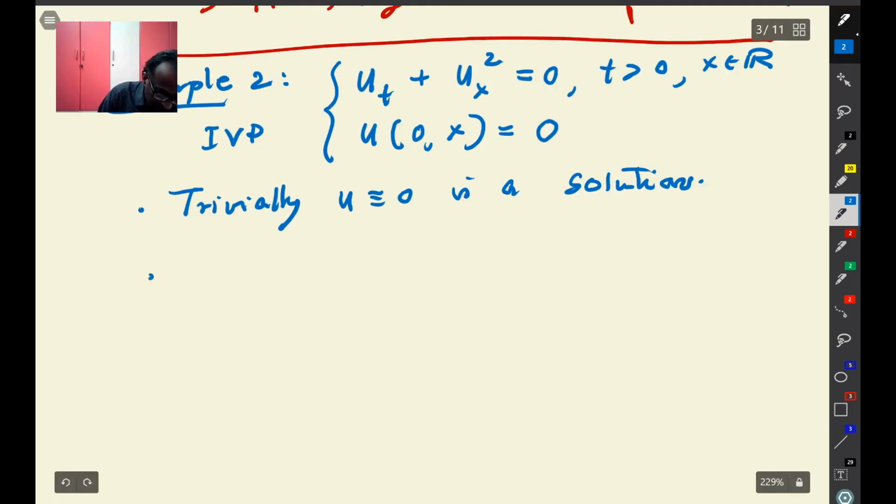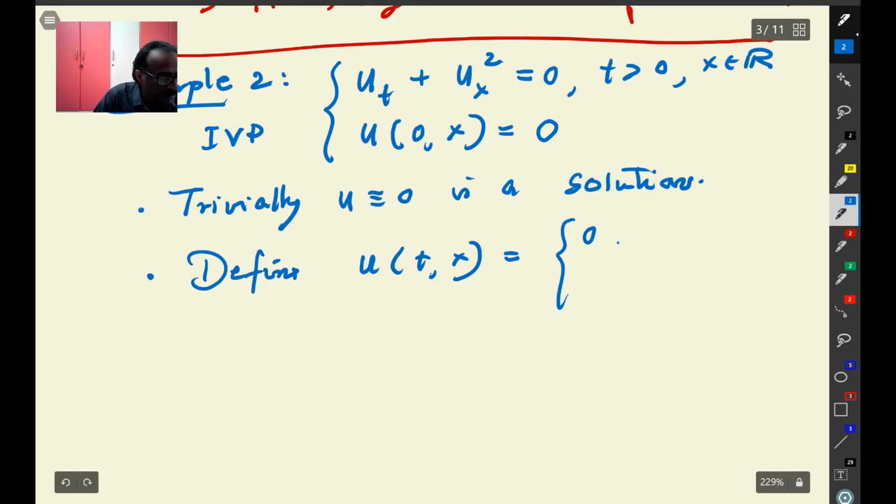But I can define u(t,x) equal to 0 if 0 less than t less than modulus x, and I define minus t plus modulus x if t greater than modulus x.